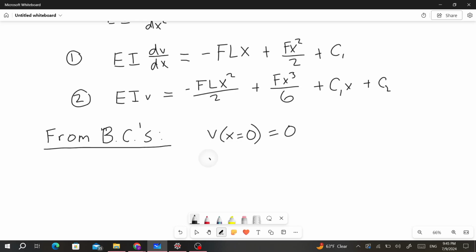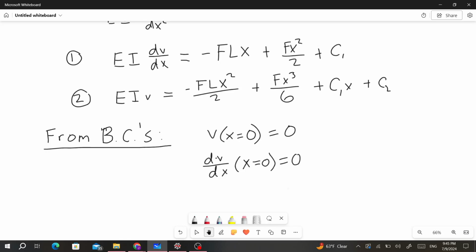And we also know that the slope dv/dx at x equals 0 is equal to 0. We're going to use these boundary conditions in the equations.